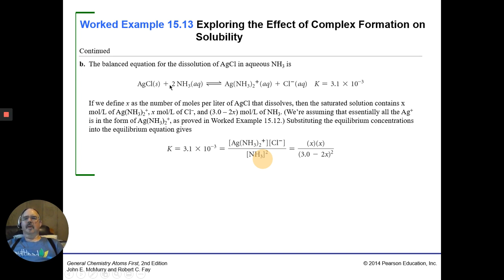Silver chloride plus 2 ammonias produces the silver diamine complex plus the chloride. The way they got this equilibrium constant was to take the product of the two equilibrium constants, the KF and the KSP.